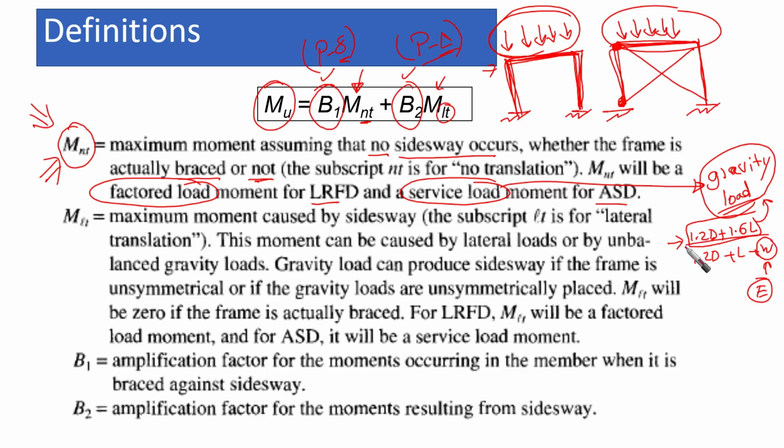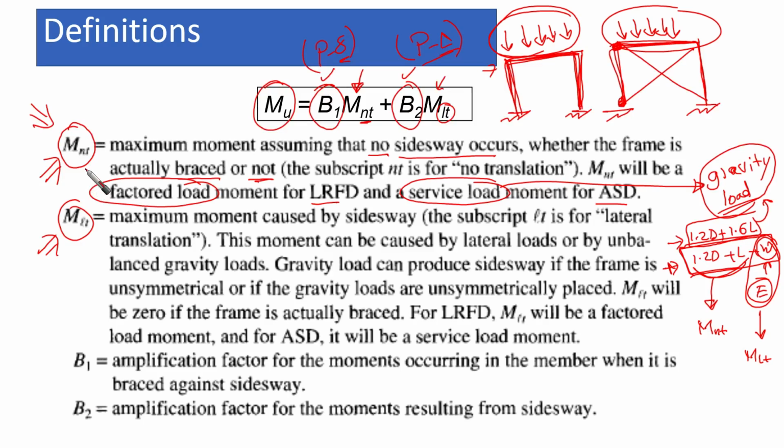And for the case of load combination 2, the lateral load combination, we are going to say we have two different components of moment. One type is related to the gravity load, which we're going to call MNT, and one type is related to the lateral load, which we're going to call MLT, as we are going to explain in a minute. Okay, you understand?